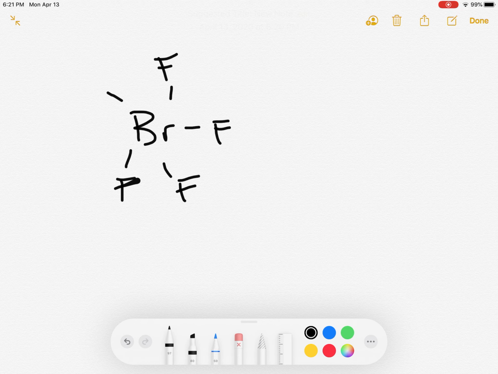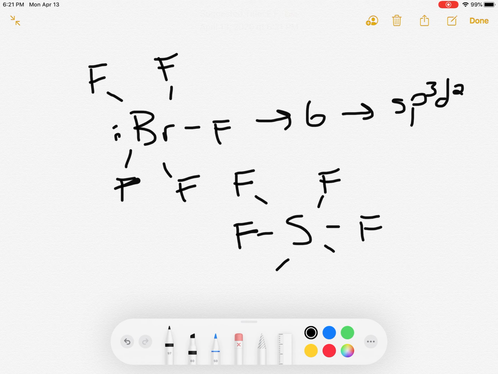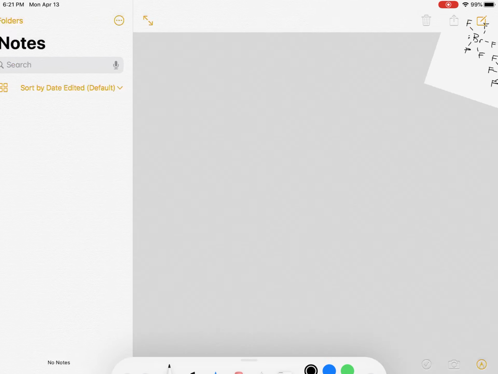BrF5 has a lone pair on bromine, so we have 6 domains, which we saw earlier means we have sp3d2. And then SF6. We have 6 fluorines and no lone pairs, but that gives us 6 domains, so we're going to need the same thing, sp3d2.